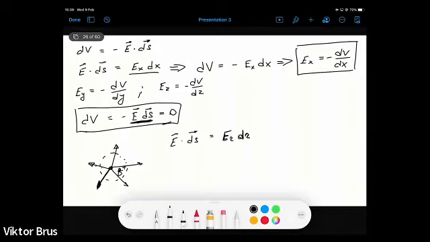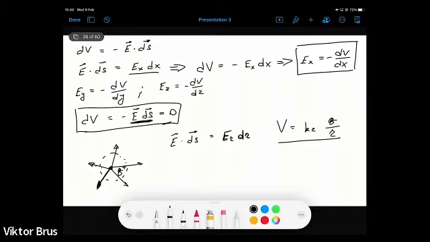So if we take this into account, we remember the equation for the electric potential distribution around a point charge. That will be Ke times Q divided by r. And now we know how the electric potential is changing around this point charge.